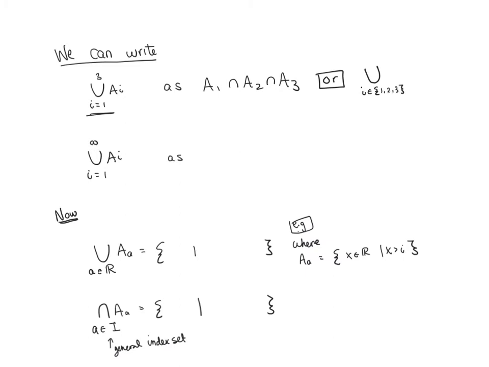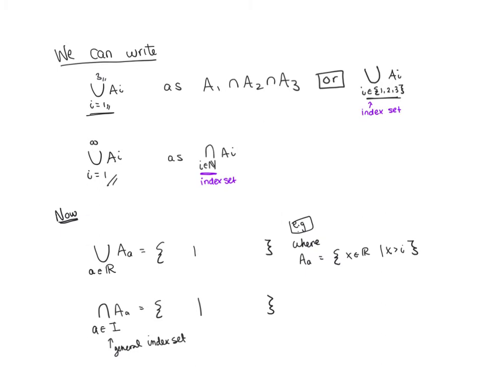So instead of saying, okay, well, we're just going to assume it's an integer and it goes from 1 to 3, I can explicitly write the index set. That's just the set of possible indices. And that's going to mean the same thing. So it's just a different way to write this notation. So similarly, I can write this guy as the intersection over all I in N of those A sub I's. So again, we're being explicit about our index set here. Those are just some different notations.